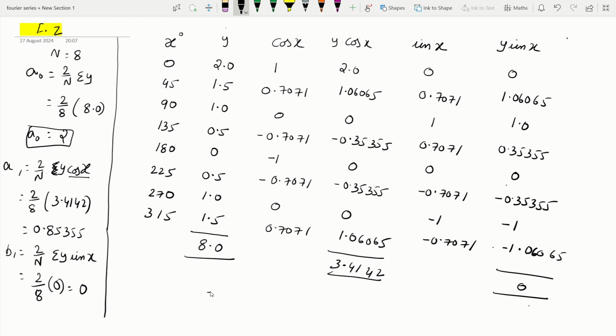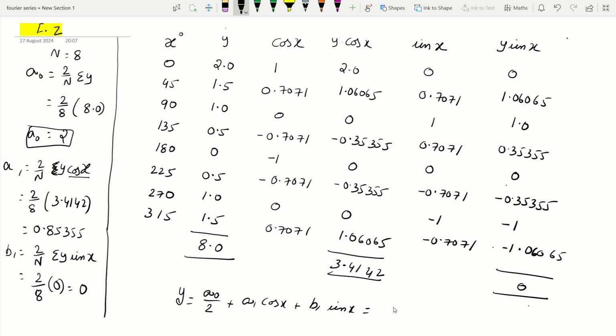If the question is up to the first harmonic, my answer will be like this. Y is equal to, what is the up to first harmonic formula? A naught by 2 plus A1 cos x plus B1 sin x. Then substitute it. A naught is 2, so A naught by 2 is 1.